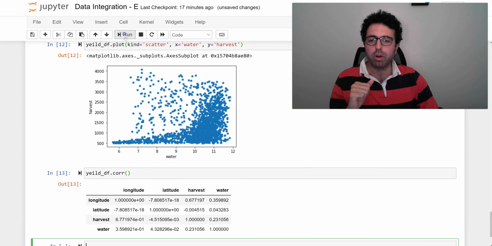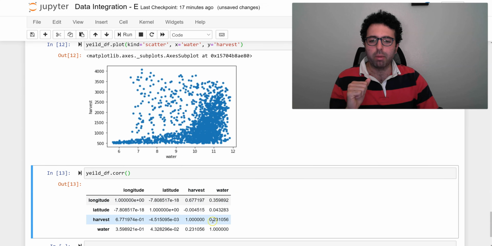We can also do the correlation between harvest and water. The number we are really interested to look at is this number, which is 0.23 correlation, which is not a very high correlation, but still is a positive correlation. So we can see here that the amount of water had a positive impact on the amount of harvest.